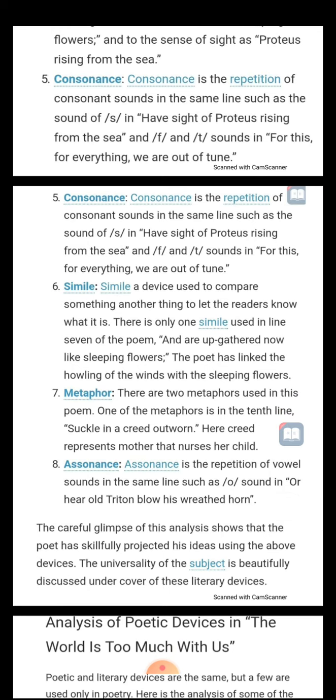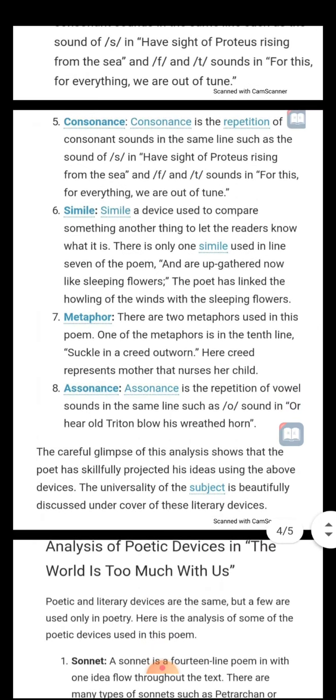Metaphor is also used in this poem. Metaphor means when two dissimilar things are compared with each other without using the words as and like. So in the line, suckled in a creed outworn, this is an example of metaphor.